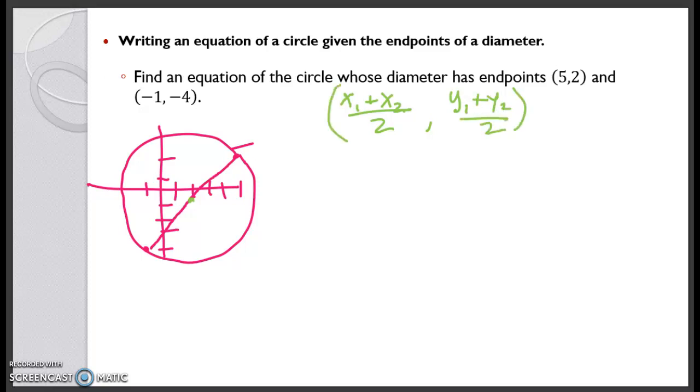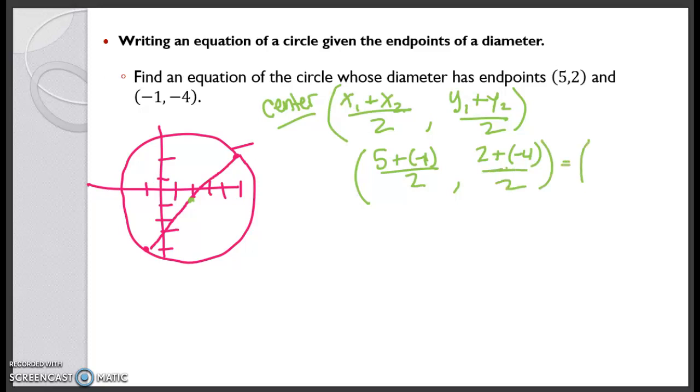That's going to get us right in that center dot, which is going to be the center. So this is going to be 5 plus -1 over 2, and then 2 plus -4 over 2.